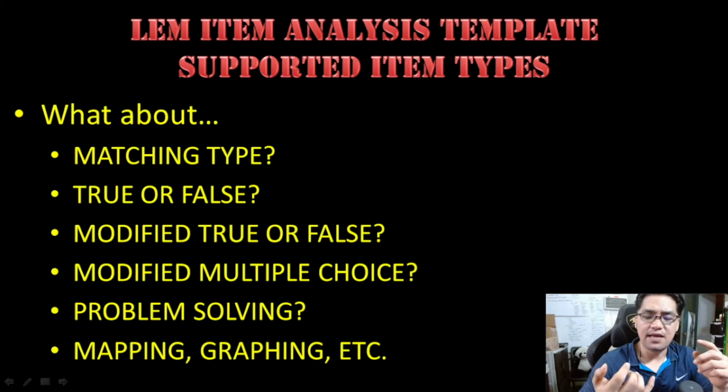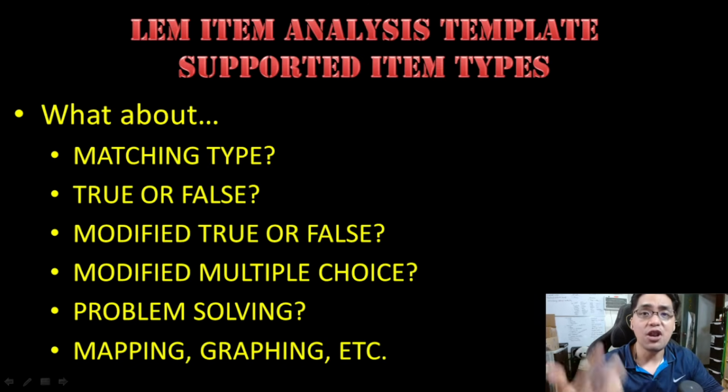Take note that the calculations for KR-20, KR-21, and the Cronbach's alpha will change depending on whether the item is dichotomous or non-dichotomous. Things like item difficulty and item discrimination will also change. You have varying formulas for varying kinds of items, and all of those are mixed into just one template. Therefore, you have to properly distinguish between dichotomous and non-dichotomous so that you can tell the template, so that the template can assign the proper formula for the item concerned.